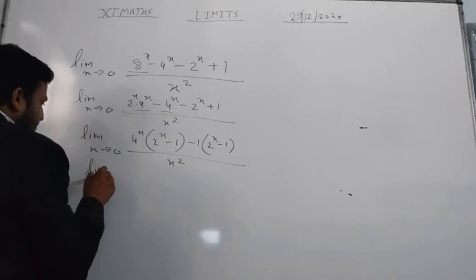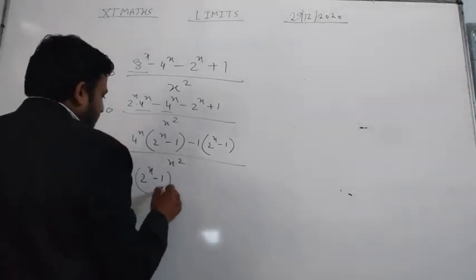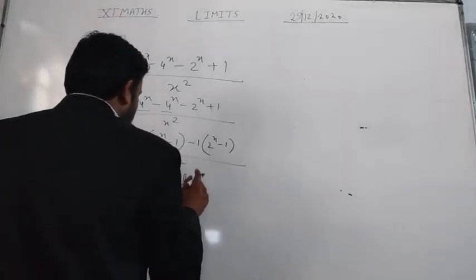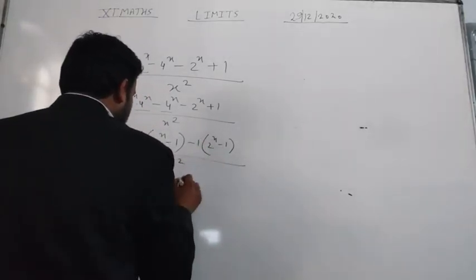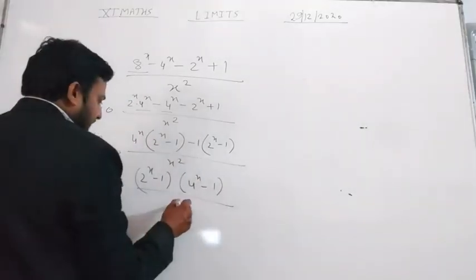Now limit x tends to 0, we write (2^x − 1) and (4^x − 1) over x².